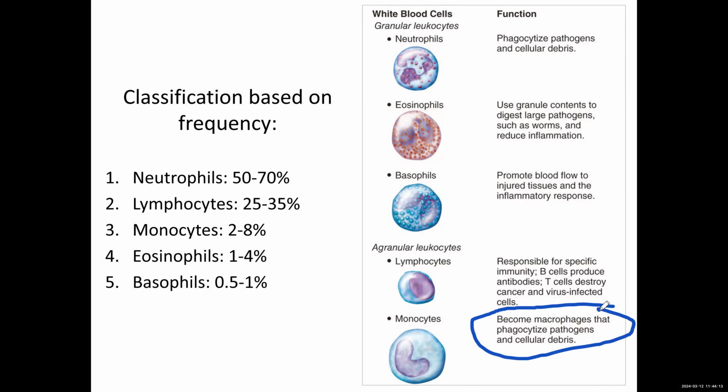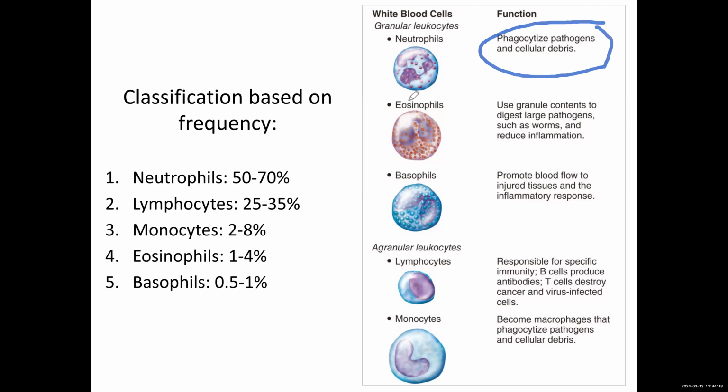Neutrophils are granulocytes, monocytes are agranulocytes. They have different shapes and structures, but there are some similarities in function.